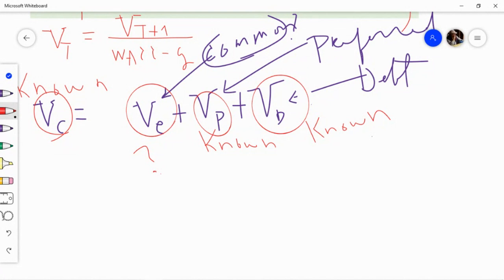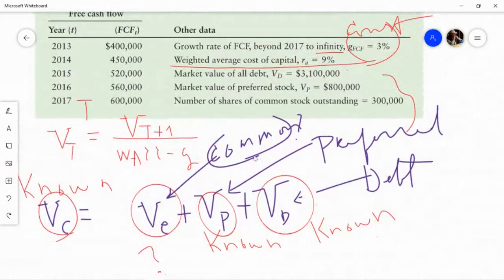But then you might wonder, they all say this is the market value of the debt, market value of the preferred stock.